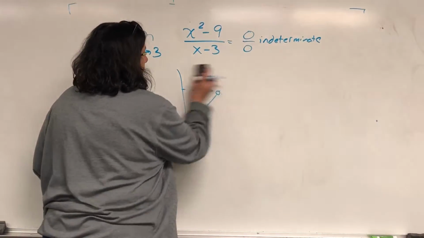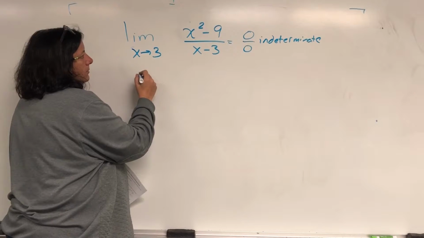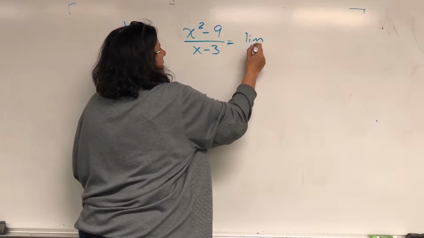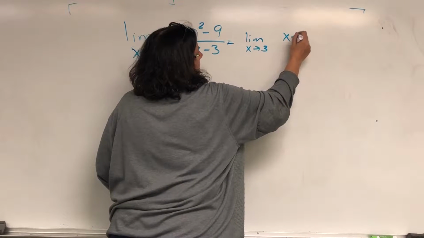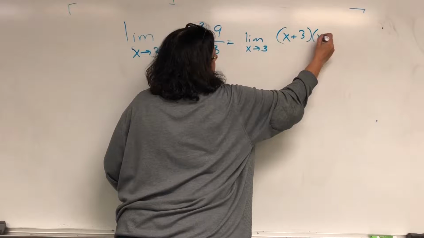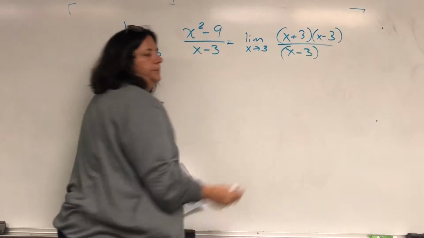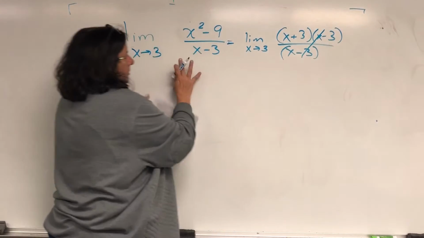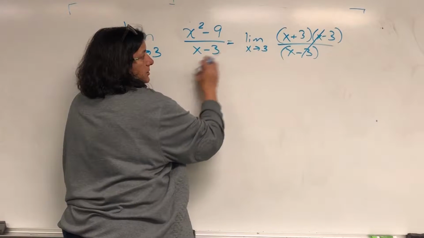So to do that, one of the techniques we can use is factoring and canceling. So this equals the limit as x approaches 3. Look at my notation. (x plus 3)(x minus 3) is the factorization of the top. The x minus 3's cancel. So this limit equals this limit, even though they're different functions.